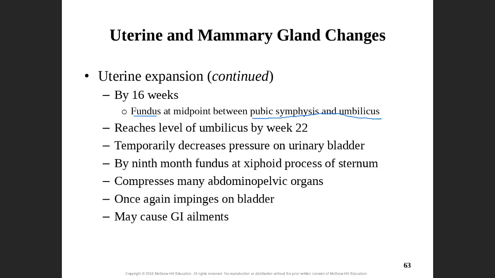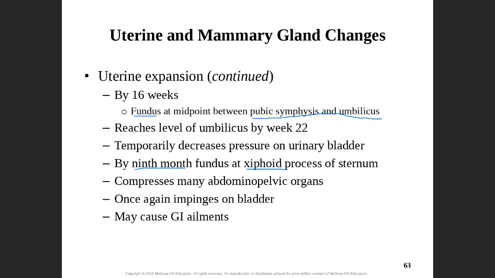Quite large. For a short period of time, you may see a slight decrease in the frequency of urination. But when we get to the third trimester, by 36, 38 weeks, that 9th month, the fundus can be as high as the xiphoid process, which is the most inferior point on our sternum here.